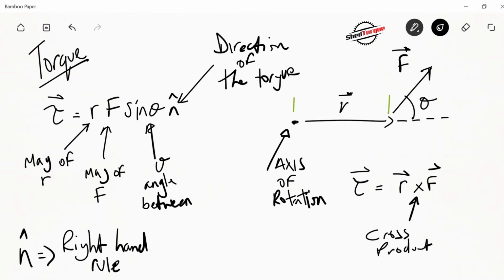Obviously use your right hand, don't use your left hand, it's not called the left hand rule, it's called the right hand rule. So what it says is the following. Let me make some more space here.